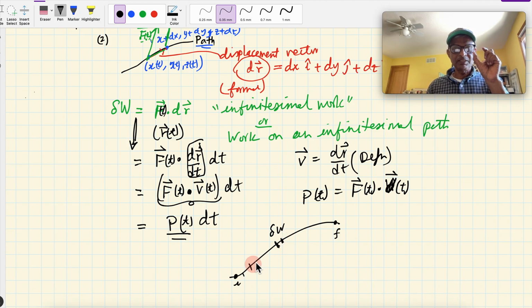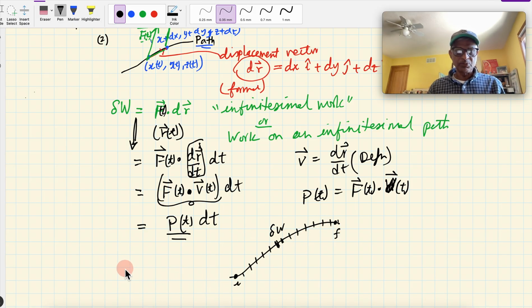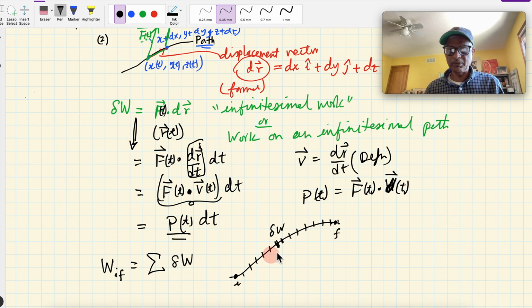So as long as I can break it up and figure out the work in all these pieces, I can add them up because they're just numbers. And so the work from I to F should equal the sum of all the delta W's, all the little pieces.